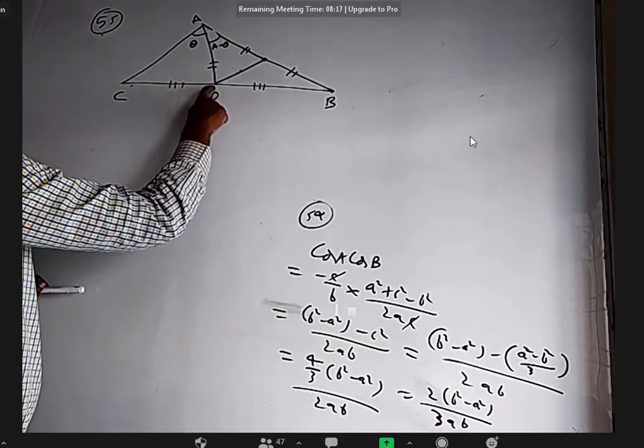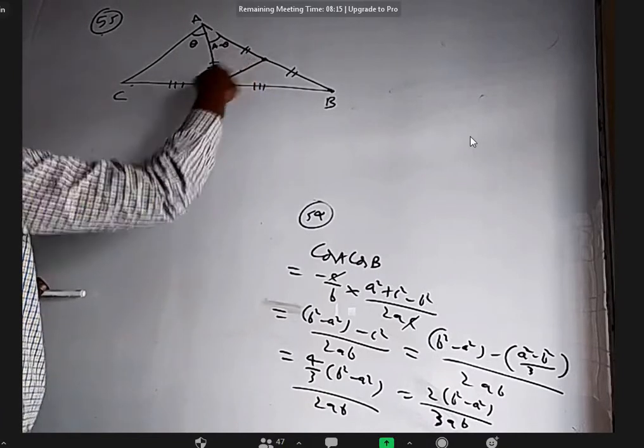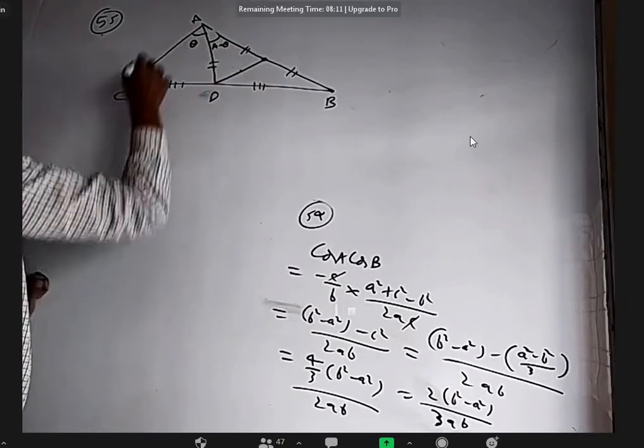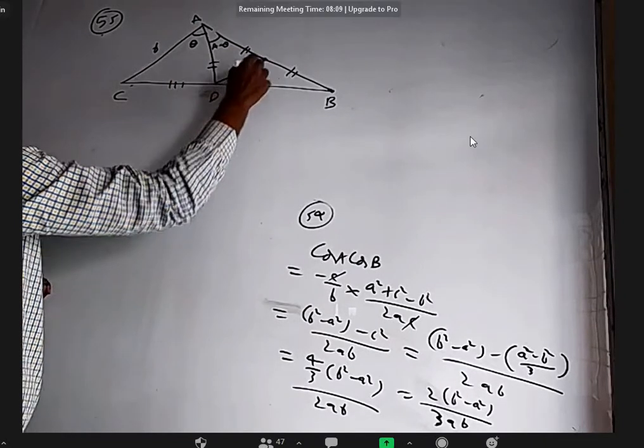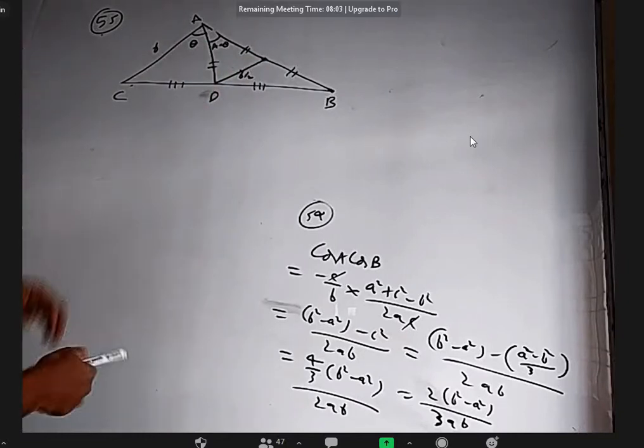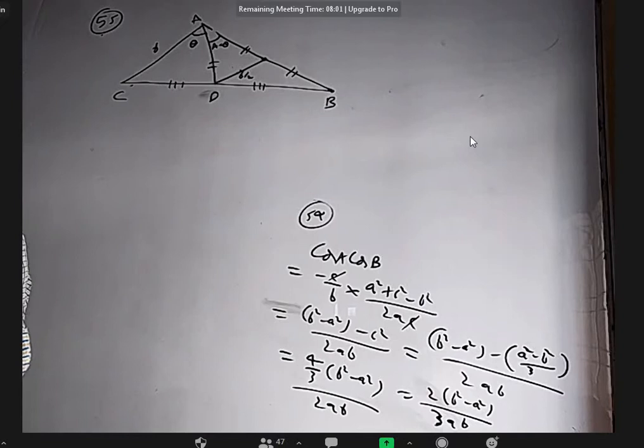This is the midpoint of this side, this is the midpoint of this side. This is not there in the question, I just joined it, and this is parallel to this. So if this is B, this is B by 2, this is the midpoint. How can we use this data?